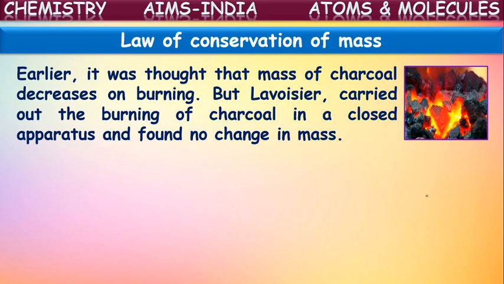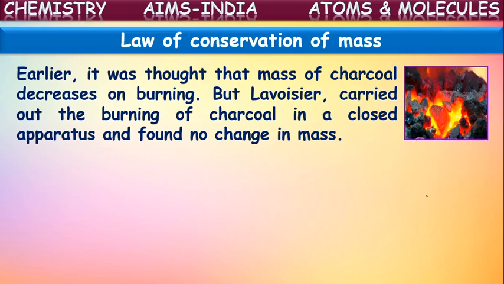Charcoal is a solid substance, so we can calculate its mass very carefully and accurately. But when you burn it, it produces certain gases like carbon dioxide and water vapor, which escape. So finally only solid ash remains. If we calculate the mass of only the ash, we get less than the mass of the charcoal.